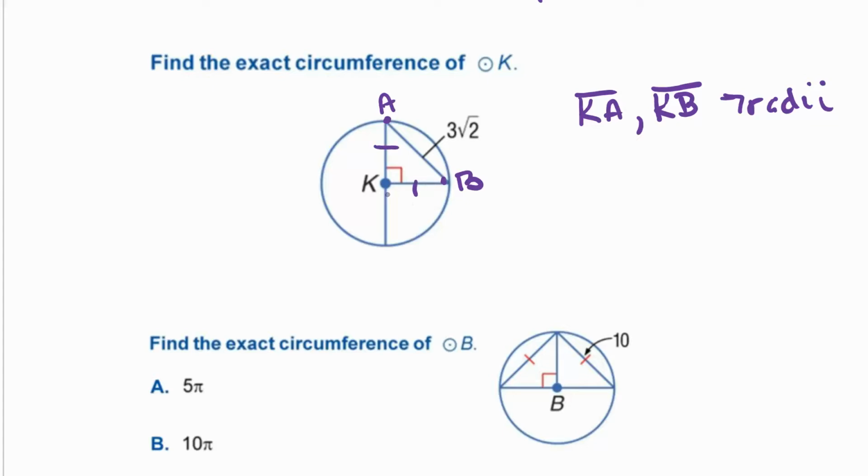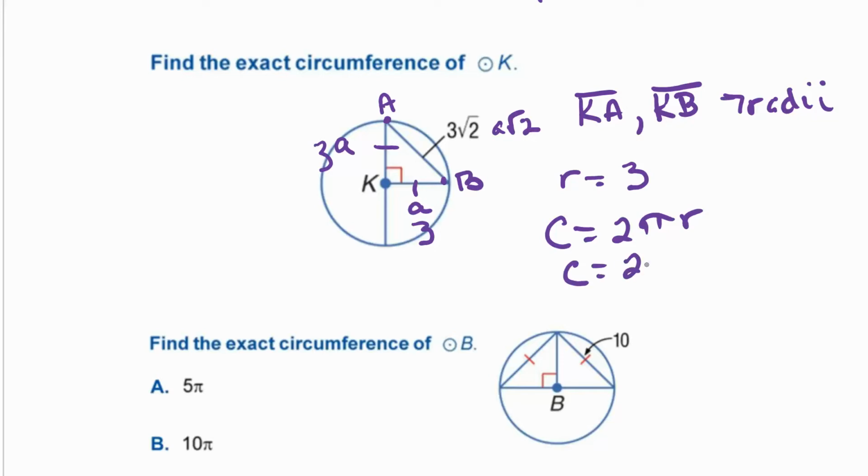So if the two sides of a right triangle are equal, we have a 45, 45, 90, which would make this A, and this A root 2. Using that, the radius is 3, so each side here would be 3. Circumference is 2 pi r, so circumference is 2 pi times 3, which gives us the exact answer of 6 pi.